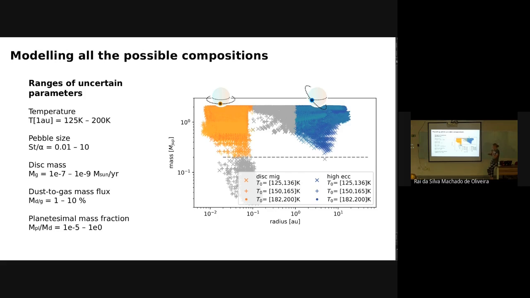So if we play now with all of those, we created about 180,000 single models, varying all of these parameters all at once, and then it gives us this distribution. So the orange ones are those that we consider the aligned planets, because they're close in and they're large enough.